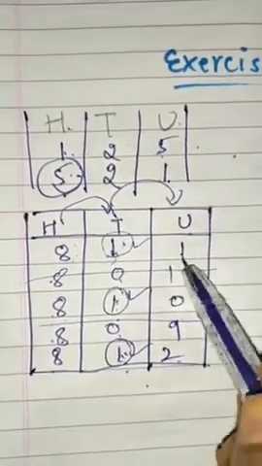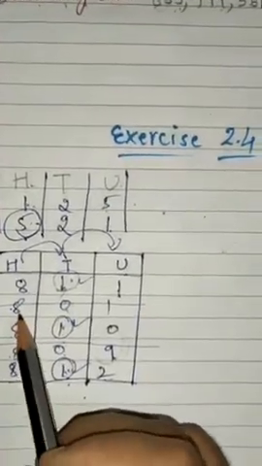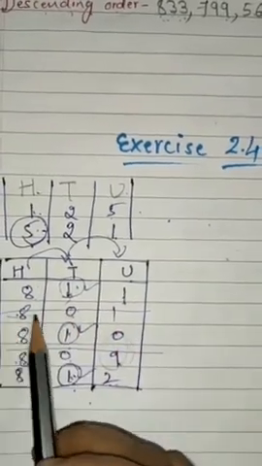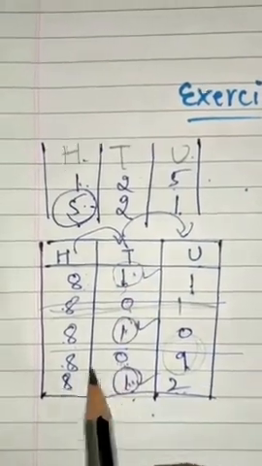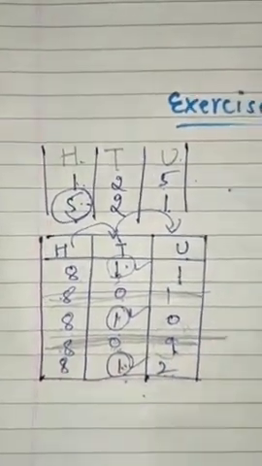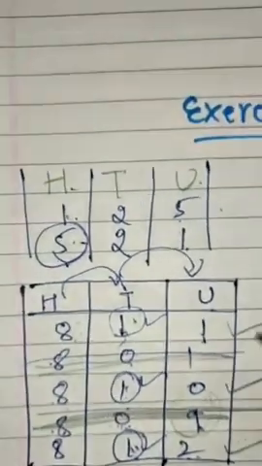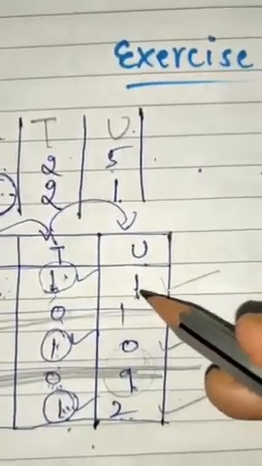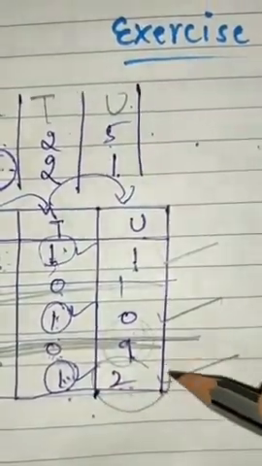Already we have cancelled 801, and this one is also cancelled because it is a smaller number in the 10th place. Which one remains now? 1, 0, 2. Which is the greatest digit here? Yes, 2 is the greatest.